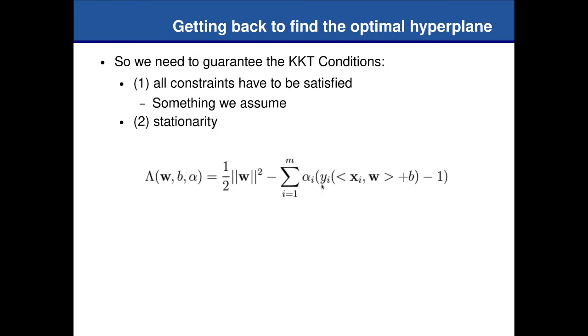Okay, so all those Lagrange-Tucker multipliers, of course, if we've got m points in my space, we've got m constraints, and we've got m Lagrange-Tucker multipliers.